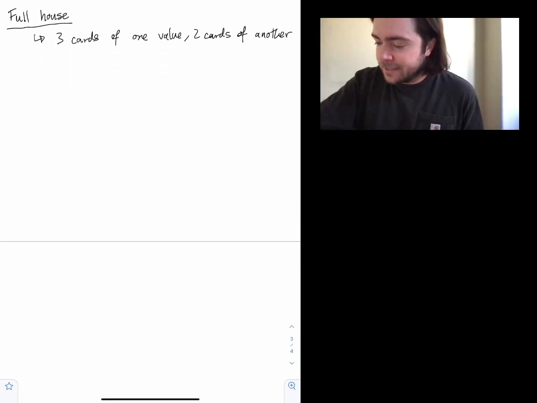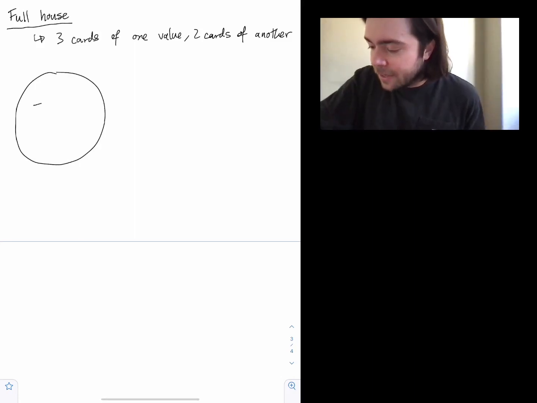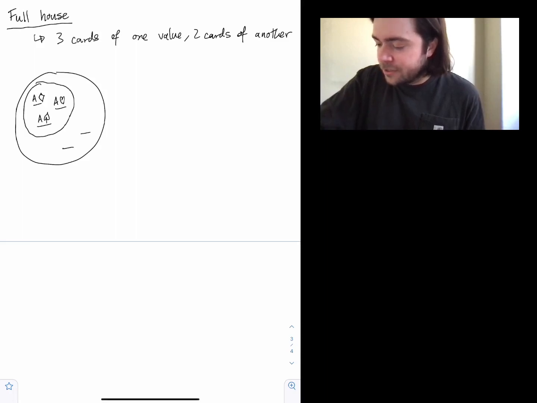Okay, so this one's a little interesting. So I'll draw my little circle for my hand, and we're going to have a set of 3 that all have the same value, maybe ace of diamonds, ace of hearts, ace of spades. Okay, so those are my 3 cards of one value, and then I have another 2 cards of some other value. I don't know, maybe jack of diamonds and jack of clubs.